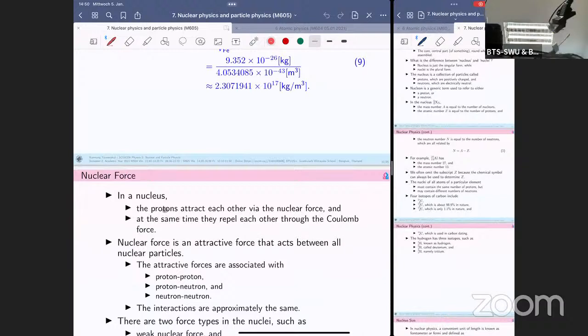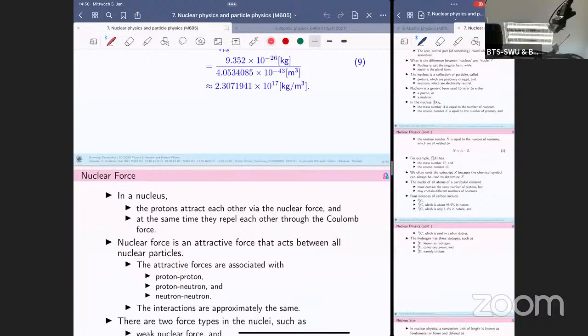They have positive charge. Proton and proton will try to repel each other through the Coulomb force, the repelling force, the pushing force.